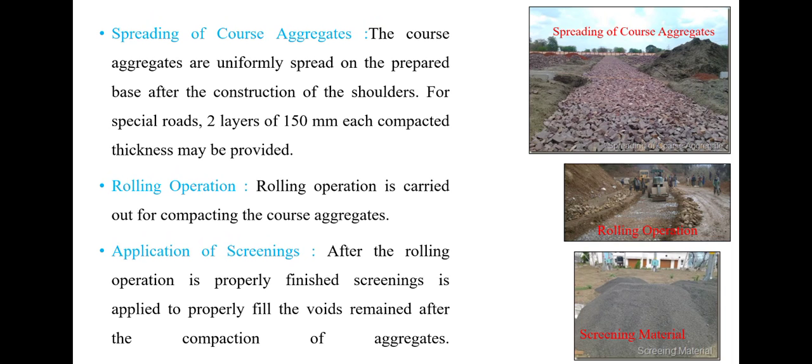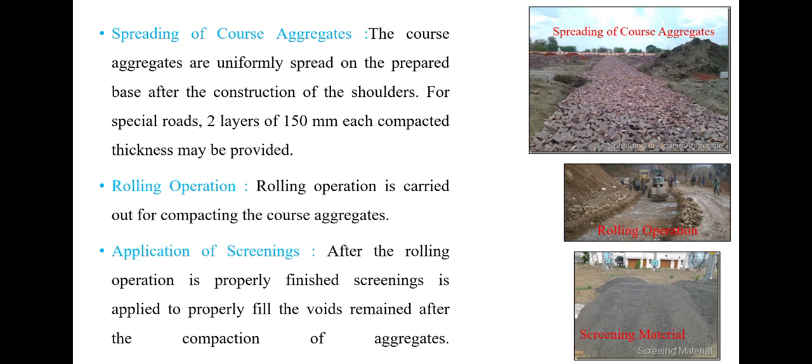The process of rolling is a skilled operation, and on that depends the finishing of this WBM road. So this compaction is a very important process. The roller should pass equally over the entire surface and its speed should be slow and uniform. It should not be in too much hurry, neither should it be too slow; it should be uniform in its operation.